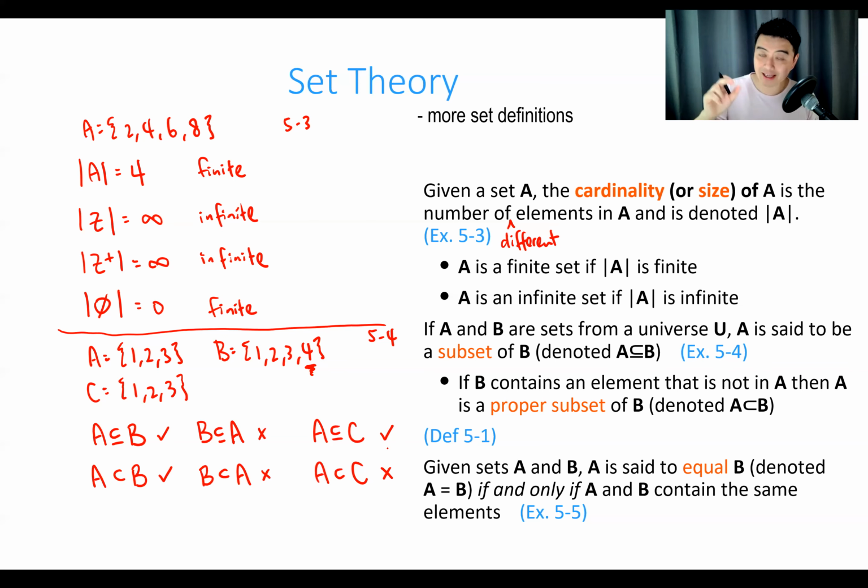But if I said A is less than B, then it must be strictly less than. Okay, so I hope you see the relationship here between subset and proper subset. Okay, so with that said, let's see if we can give a full definition of subset and proper subset.